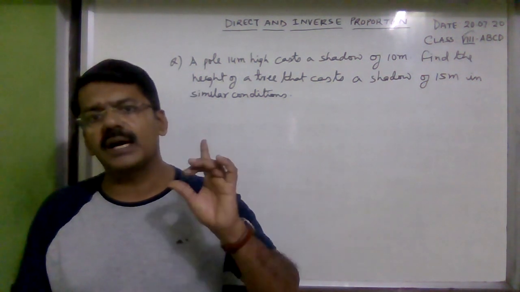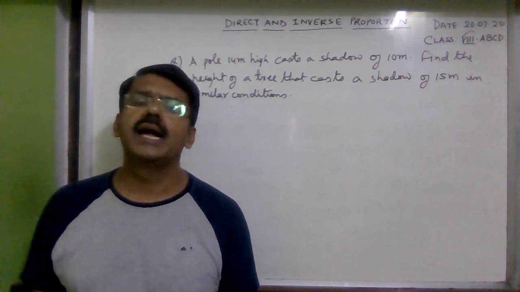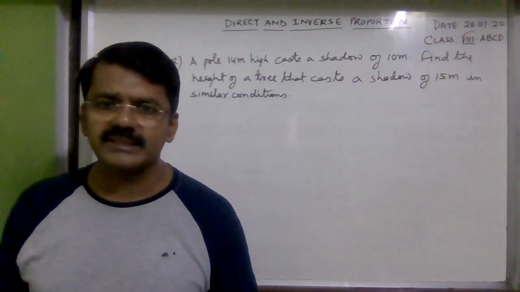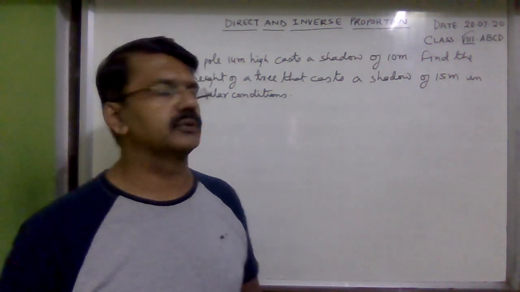If the length of the pole is more, then the length of the shadow will also be more, and if the length of the pole is less, then the length of the shadow will also be less. So they are in direct proportion.